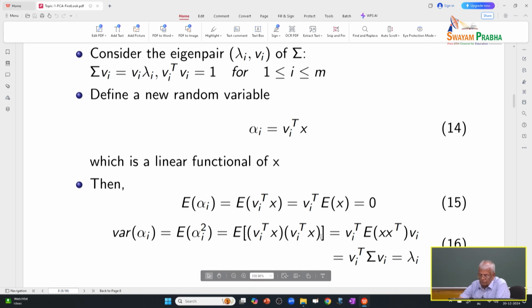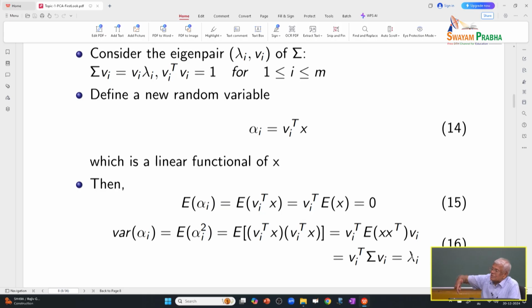The inner product has a property: A transpose B is B transpose A. By applying that, you can readily see this is equal to Vi transpose X X transpose Vi. Expected value of X X transpose is sigma. So this is simply Vi transpose sigma Vi, and that's a Rayleigh coefficient, which we already know is lambda i. Wow, you must be having an aha moment now.